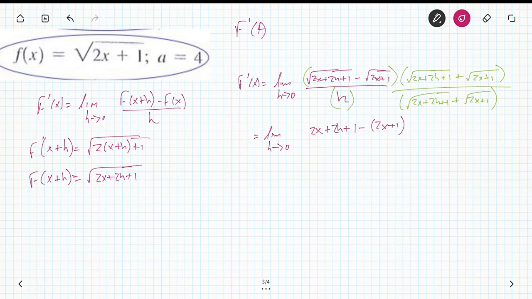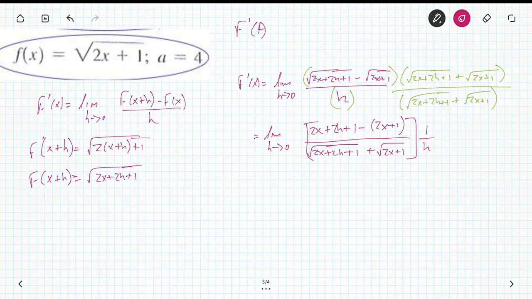That is the trick of the conjugate, that essentially you get rid of your square roots on the top, but not on the bottom. So you still write the square root of 2x plus 2h plus 1, and then plus the other one, the square root of 2x plus 1. I forgot to write that 1 over h, so simply write it outside.